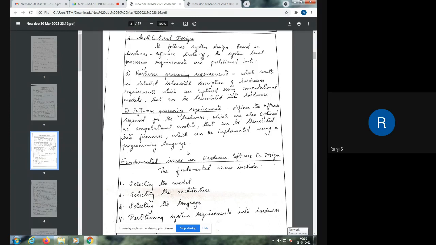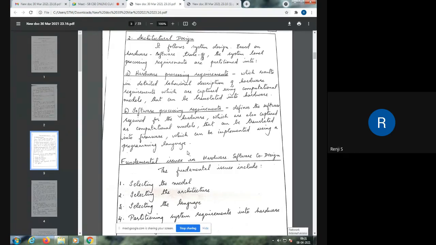Likewise, software processing requirements are captured in computational models, and from the computational models they are translated into firmware, which can be implemented in a programming language. Hardware processing requirements will be translated into hardware, and software processing requirements will be translated into firmware.